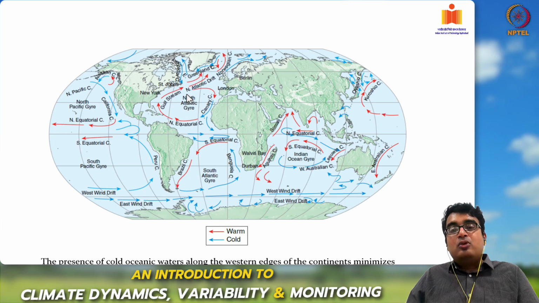So the western coasts of the continents are associated with the presence of deserts or arid conditions like the Atacama Desert in Peru, the Mexican Desert in the coasts of Mexico, the Saharan Desert and the Namib Desert in the north and southern western coasts of Africa, and the Australian Desert in the western coasts of Australia.